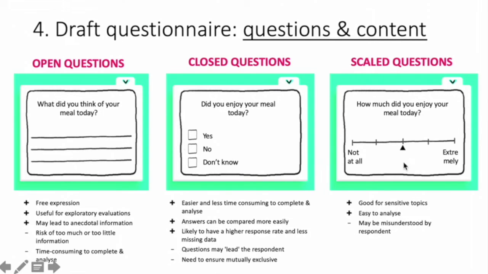There's also a risk that if you use a Likert scale, what someone interprets as the distance between the different points is not necessarily consistent between all participants. So, especially if you use categorical or qualitative labels like not at all, extremely or somewhat, this is something to be careful of.